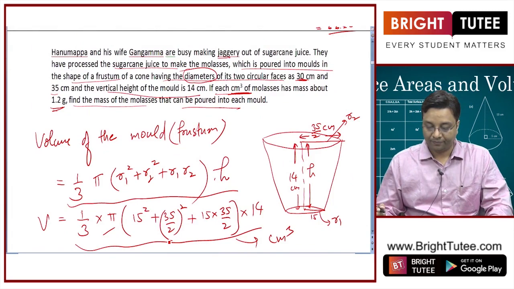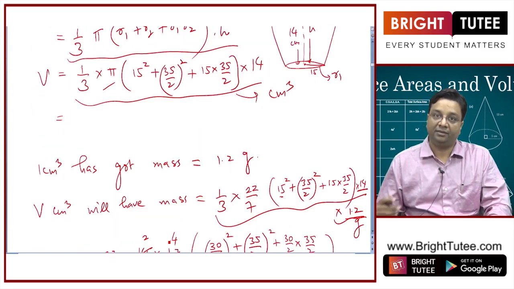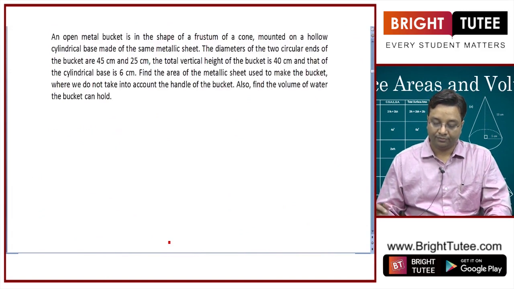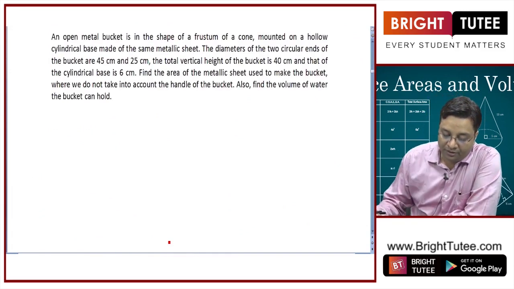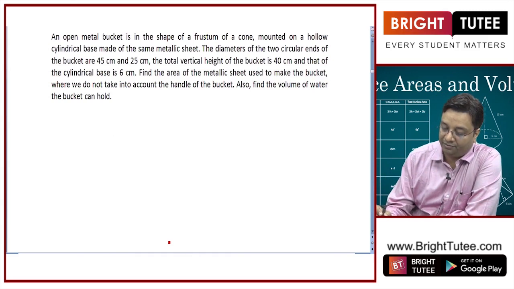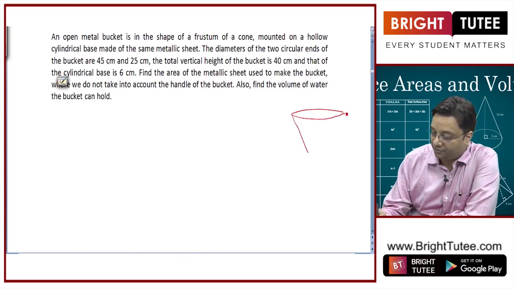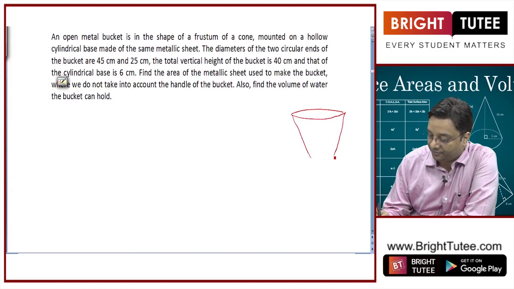Okay. So I directly applied the formula in this question. Now we have got an open metal bucket in the shape of frustum of a cone mounted on a hollow cylindrical base. So what will be the shape of this bucket? It will be something like this.